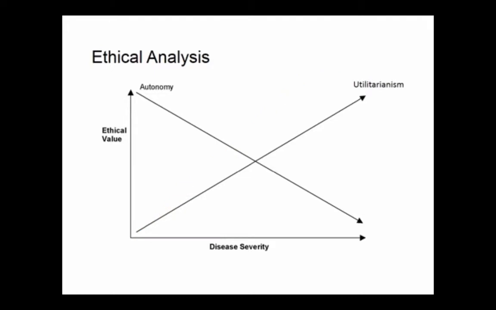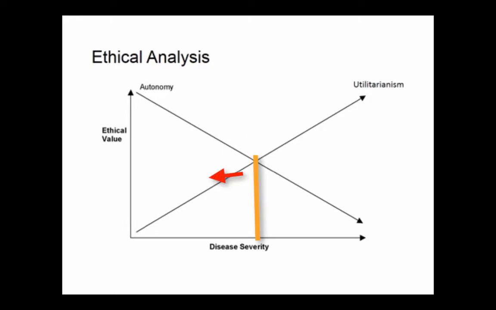In this graphic scheme, the primary ethical value of autonomy that works against vaccine mandates and the primary value of the common good or social justice that works in favor of vaccine mandates move along lines with opposite slopes. At some point, they cross.